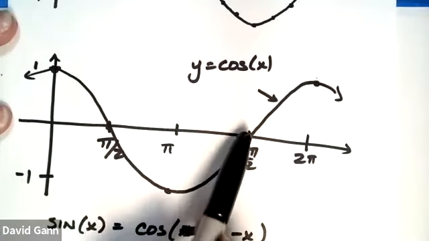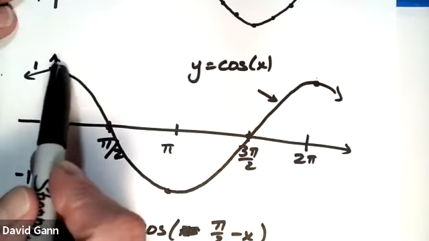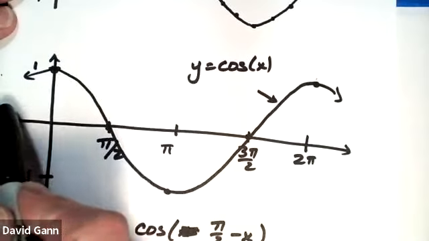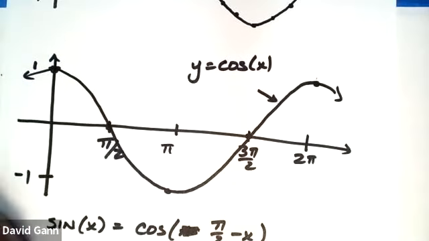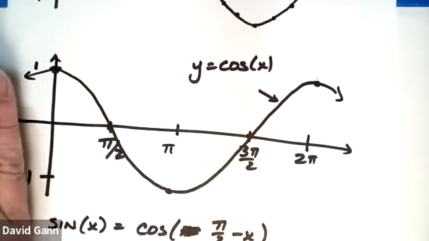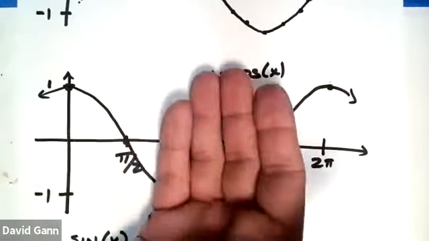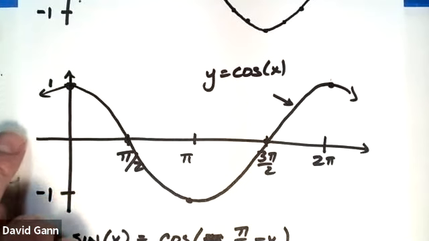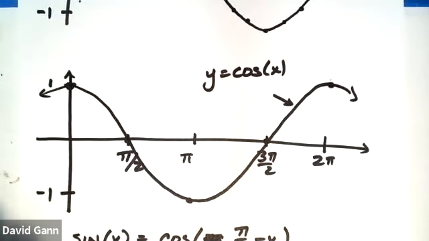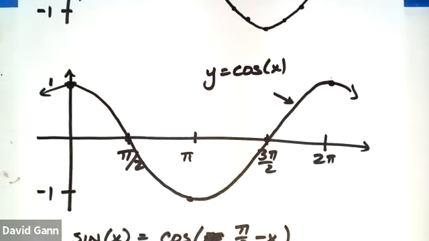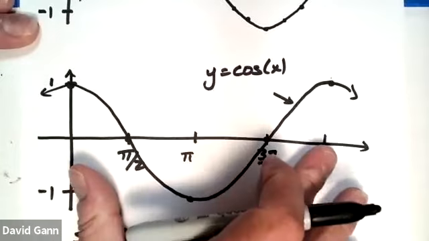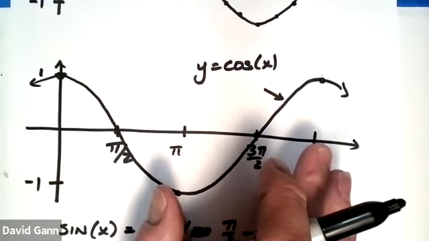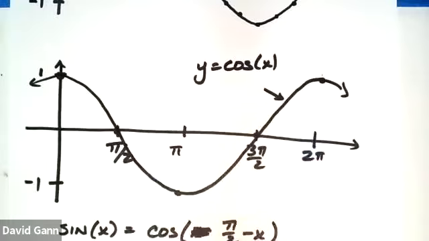Notice cosine continues the other way as you go into negative values of x. It is really a mirror image over here. If we continued to graph this out, you'd see it come down to -1, then back up. And so just by looking at the graph, you can establish that cosine is an even function.